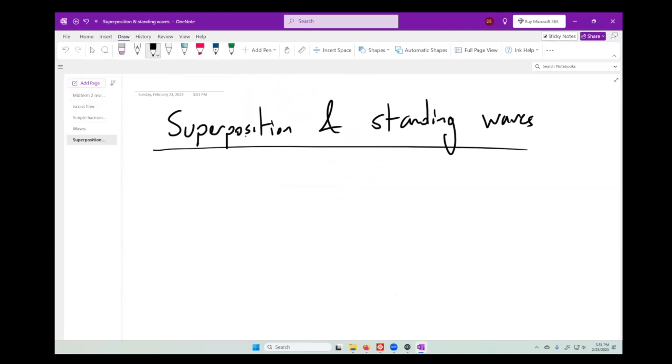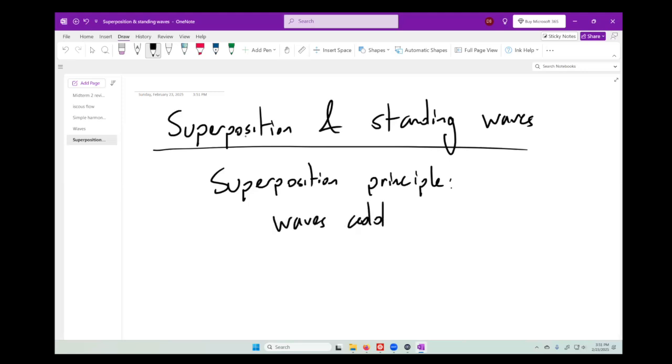Moving on now, first of all, the superposition principle, which is really as simple as saying that waves add. In other words, if we want to get the total displacement for a wave, we add the displacements of the individual waves.